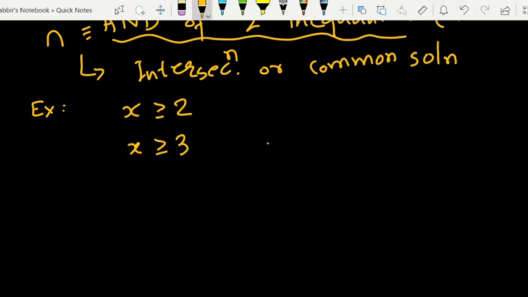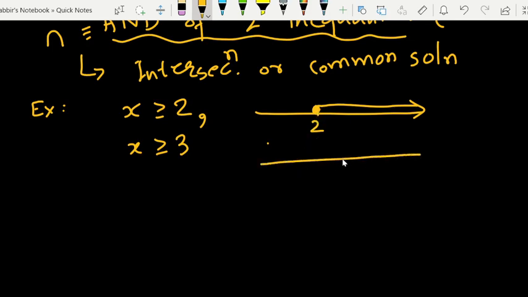But generally they give the comma, which means we have to find the intersection. So we will plot x greater than equal to 2 first, darken it since equality is there, and then plot the second inequality, darkening 3 as it is included.